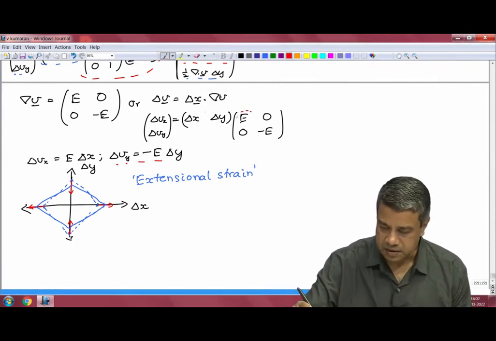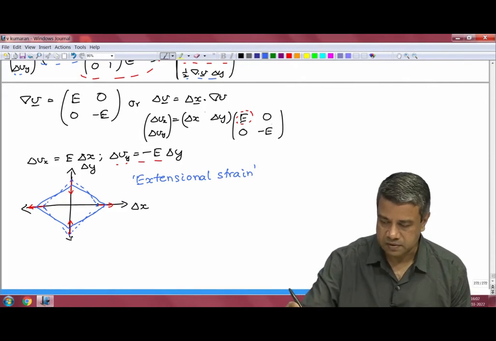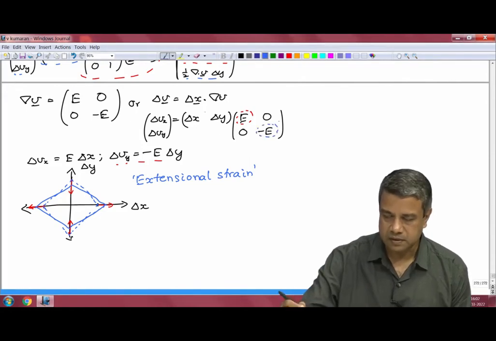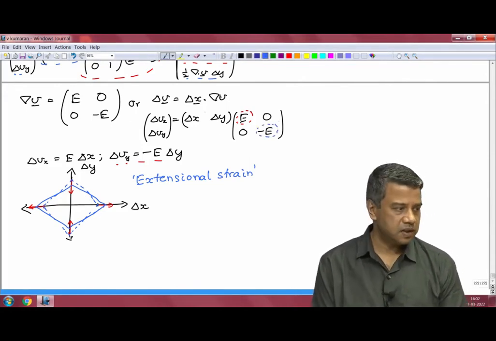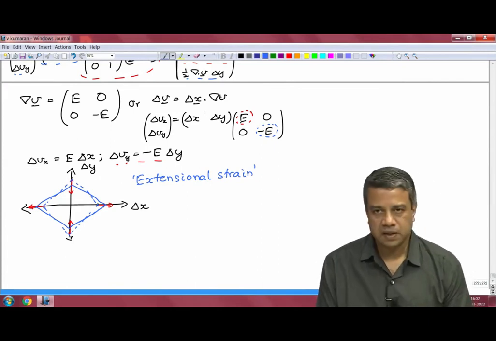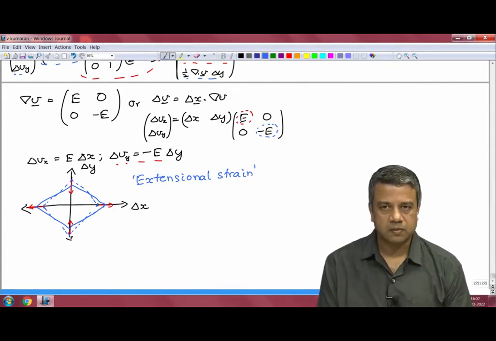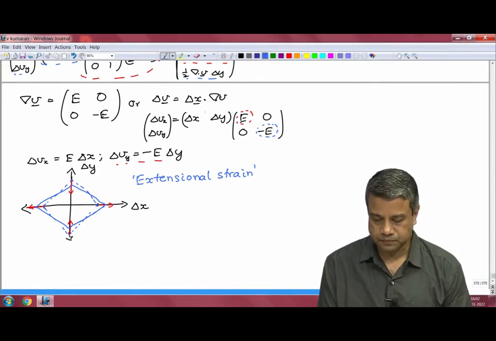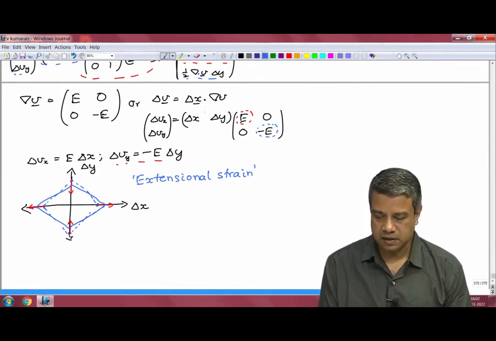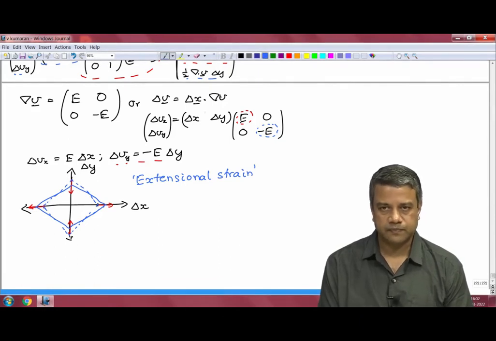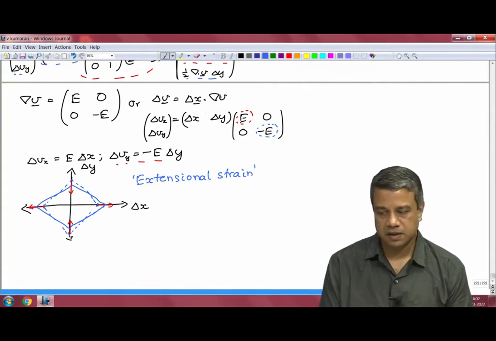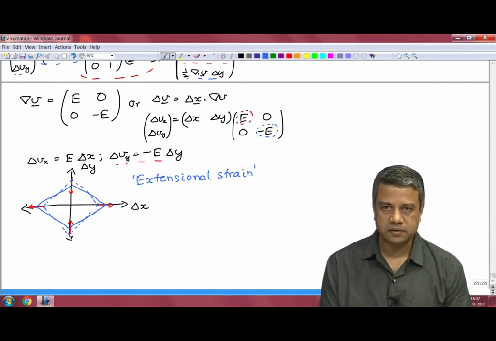The magnitudes of the rates of compression and extension are equal, such that the sum of the diagonal elements is equal to 0. So, there is no net extension or compression.